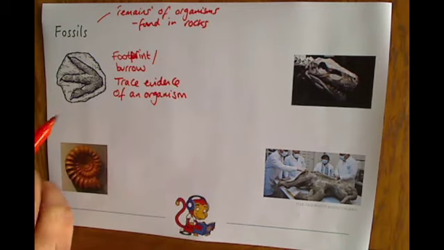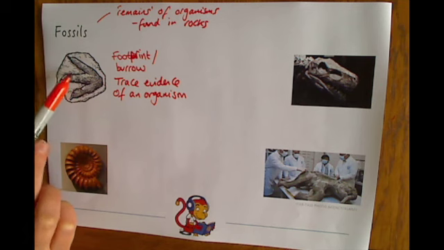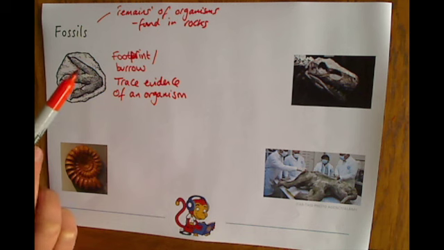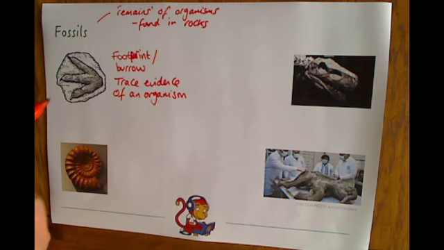So the way in which footprints are often preserved is if an animal walks onto a piece of wet soil. If that then dries up over time and turns into a rock, you will find that the footprint is preserved. Sometimes a different form of material goes to fill in that footprint.